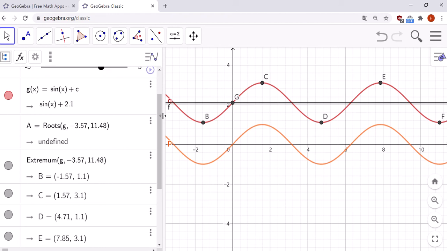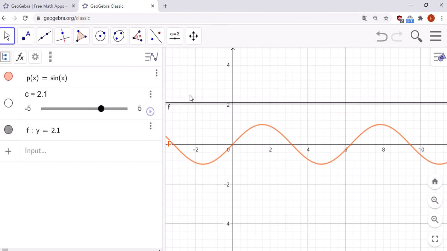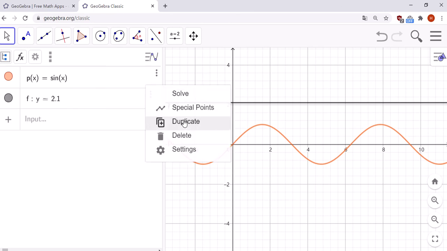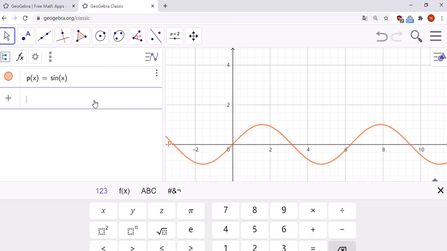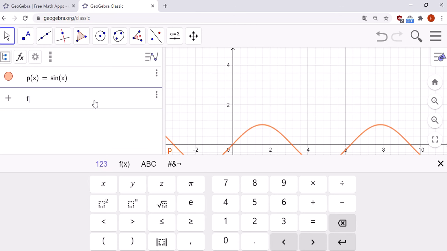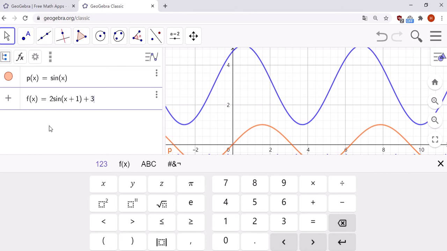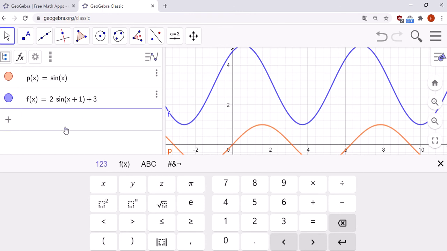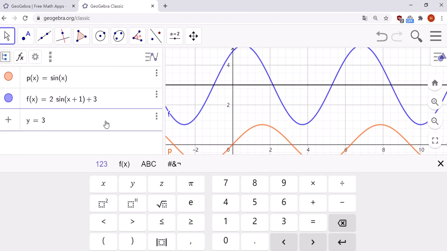And then next, we're going to use f(x) = sin x plus 1 or plus 3. Right now I set the axis of symmetry y = 3.